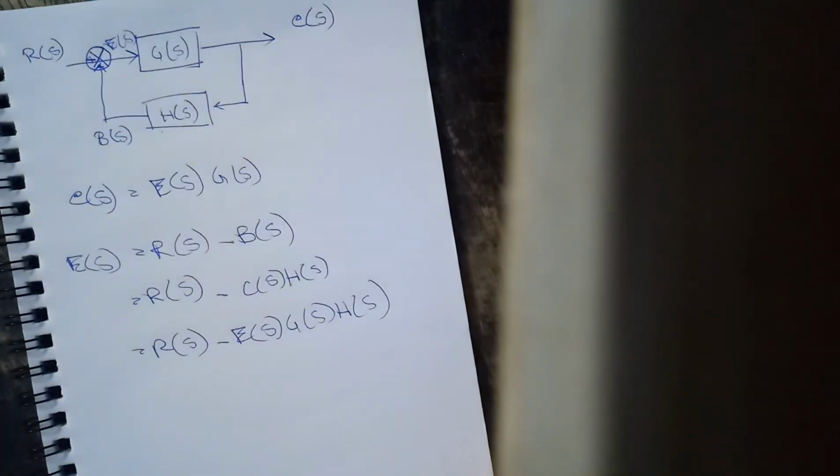So B(s) is rewritten as C(s) into H(s), right? And now C(s) can again be rewritten as E(s) into G(s). So R(s) minus E(s) into G(s) into H(s), right? So that's what we are getting.